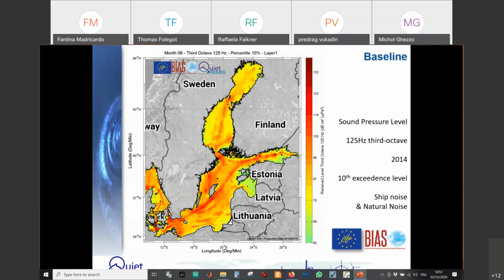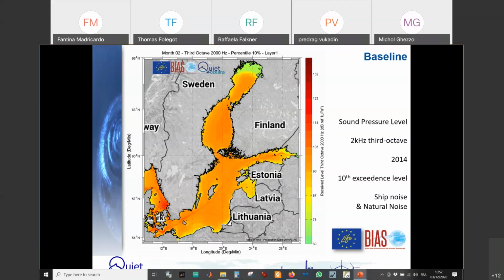The level is quieter in summer when you have less wind and smaller waves than in winter, when it becomes all red, because in winter you have more wind and more waves. It's the same at another frequency, exactly the same result. So I'm not going to do that.